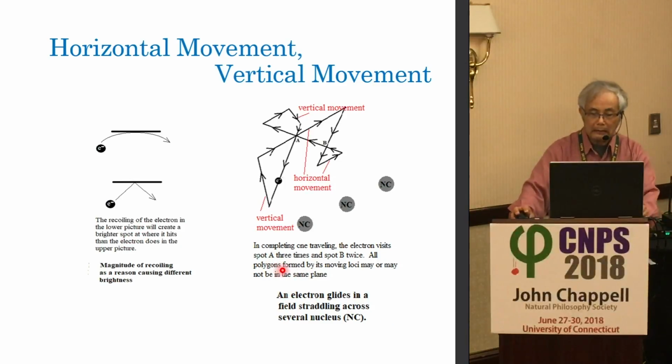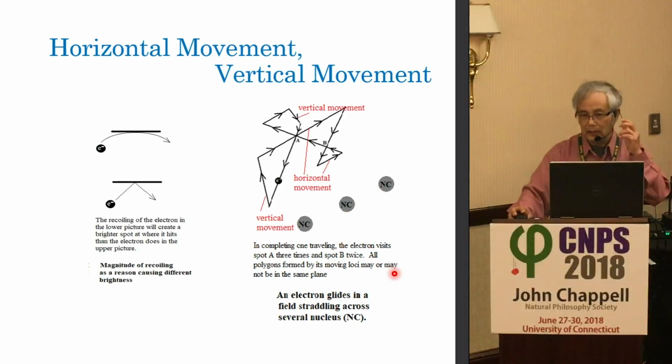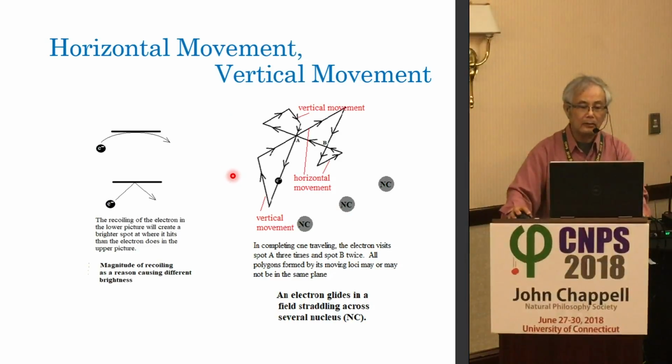And with respect to the nucleus, the electron can move in two types of movement. One type, I call horizontal movement. It can go across several nuclei.